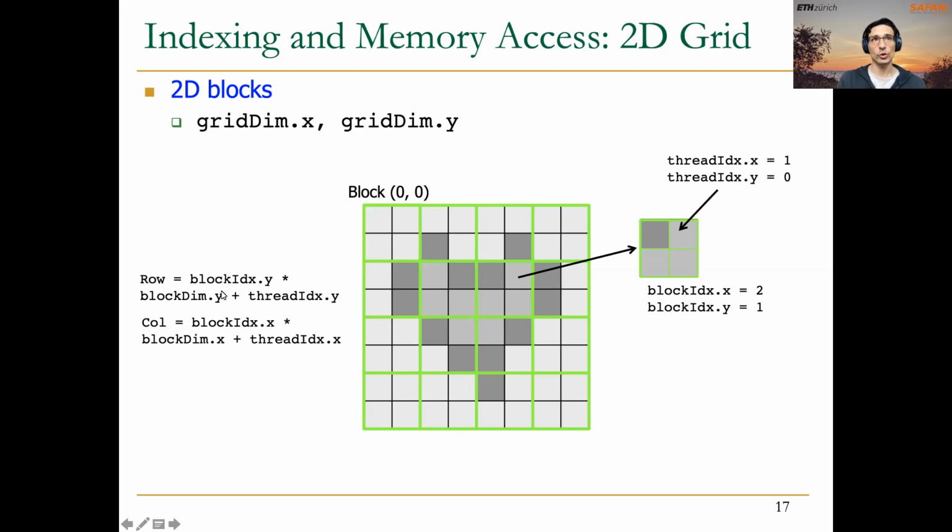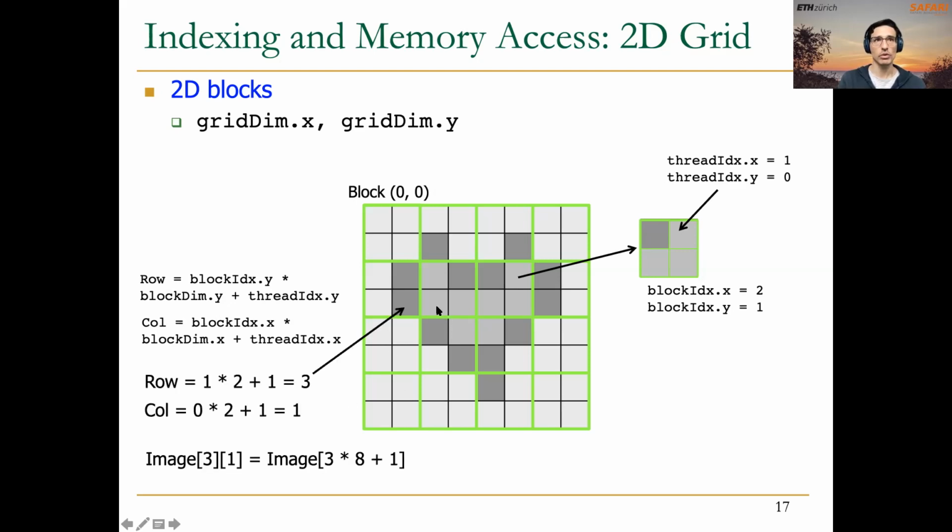So for example, for the row, we calculate the specific row by using the block index that tells us where exactly in this vertical dimension we are. We multiply that by the block dimension. In this case, the block dimension in the vertical direction is 2. And then inside the thread block, we have to add the thread index y. And similarly, we calculate it for the column.